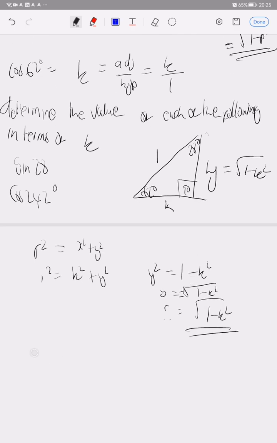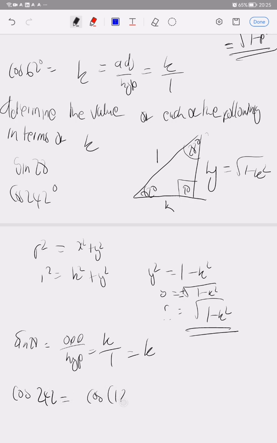All right, so what do we do here? We have sine of 28 is equal to opposite over hypotenuse. Remember, I'm sitting at 28, my opposite is k, my hypotenuse is 1, so the answer is just k. The other one is cos of 242, which is the same as cos of 180 plus 62.